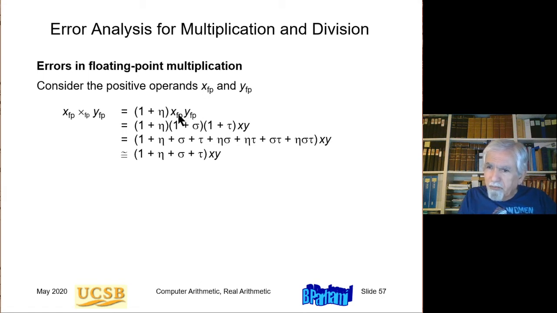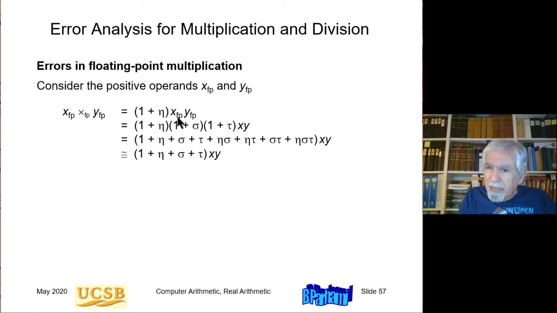So if these representations, let's say, are in IEEE short format, each of these will have 23 fractional bits. When we multiply them, there will be 46 fractional bits. We have to get rid of the extra bits, and that introduces some error.